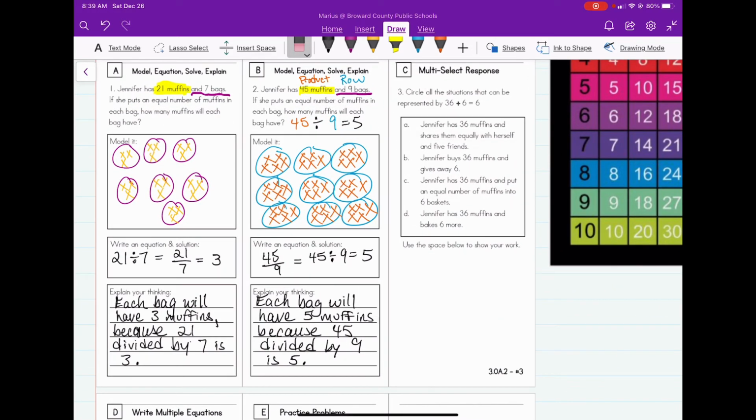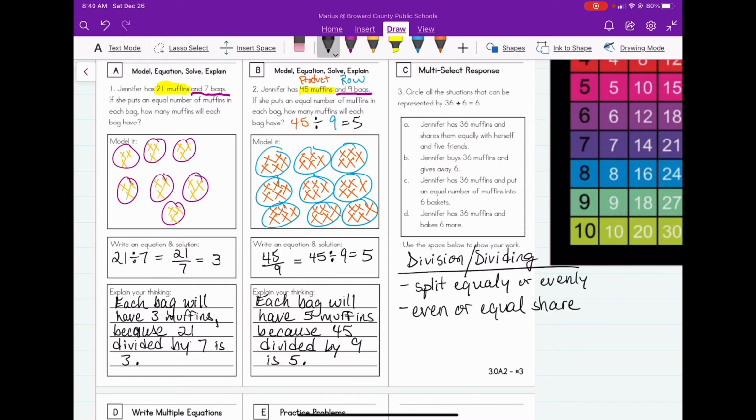When we're thinking about division, the keywords we think of are when you split something up, split equally or evenly, maybe share, or equal shares. Even or equal shares.